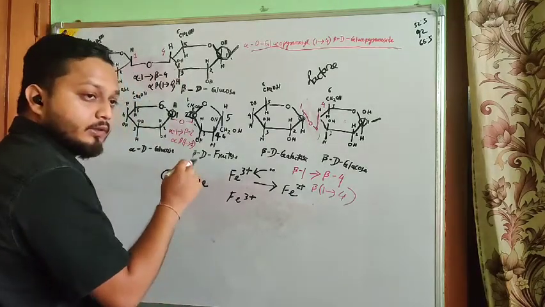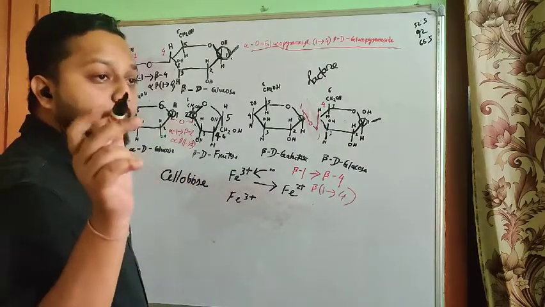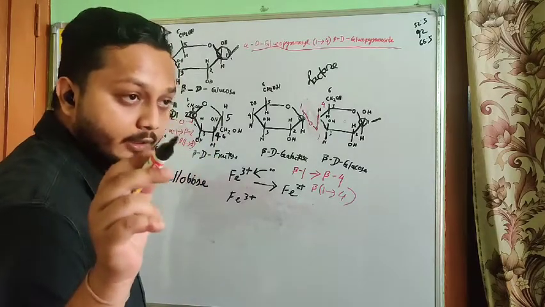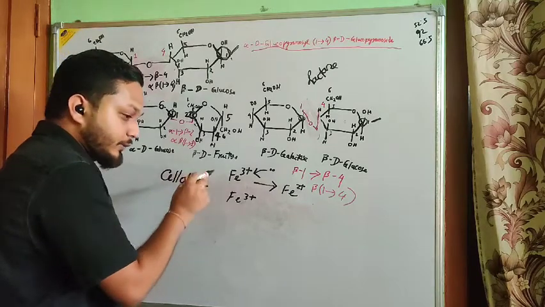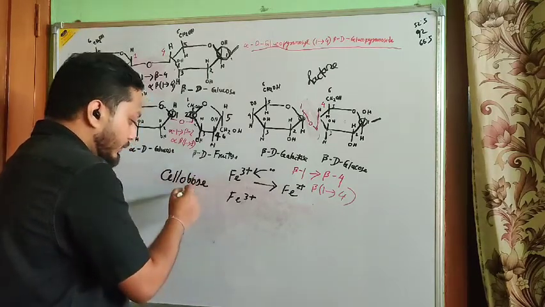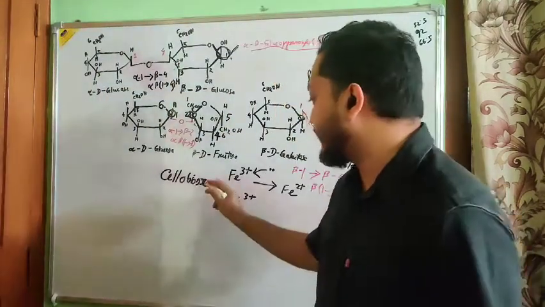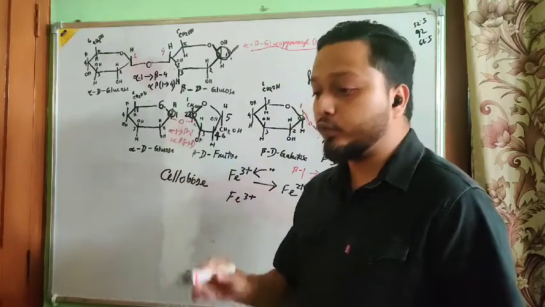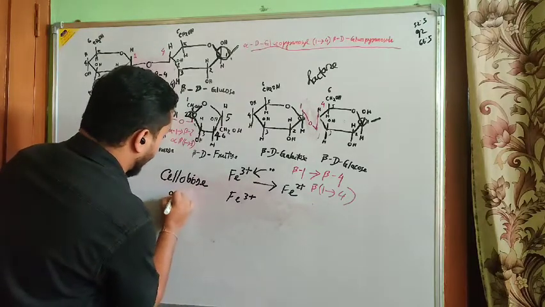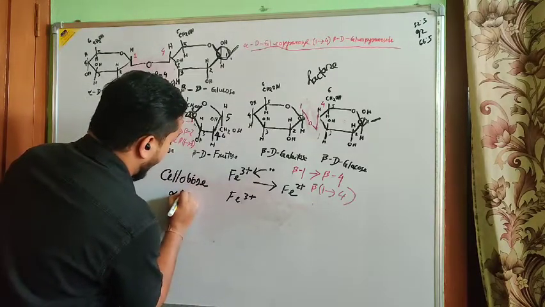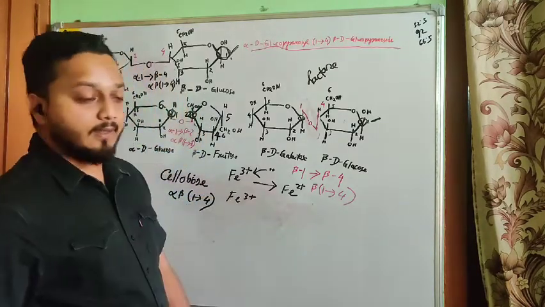It is used for the diagnosis of inflammatory bowel disease. You may face this question: which disaccharide is used for the detection of inflammatory bowel disease? This is Cellobiose. It consists of 2 units of beta D glucose, and the linkage present is beta 1 to 4 glycosidic linkage.